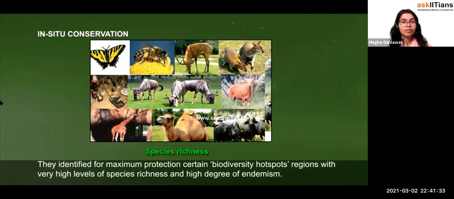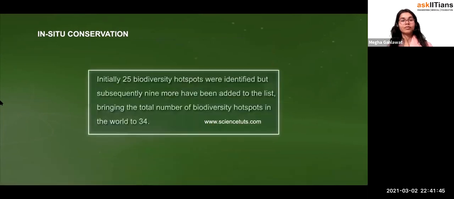They identified, for maximum protection, certain biodiversity hotspots, regions with very high levels of species richness and a high degree of endemism. Initially, 25 biodiversity hotspots were identified but subsequently 9 more have been added to the list, bringing the total number of biodiversity hotspots in the world to 34.